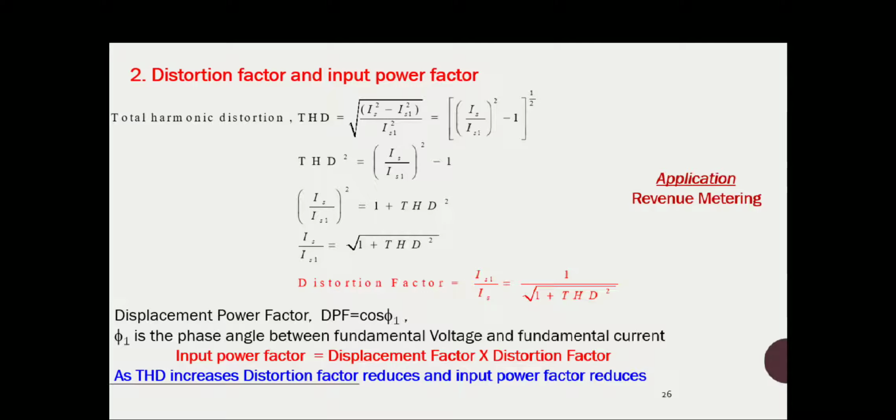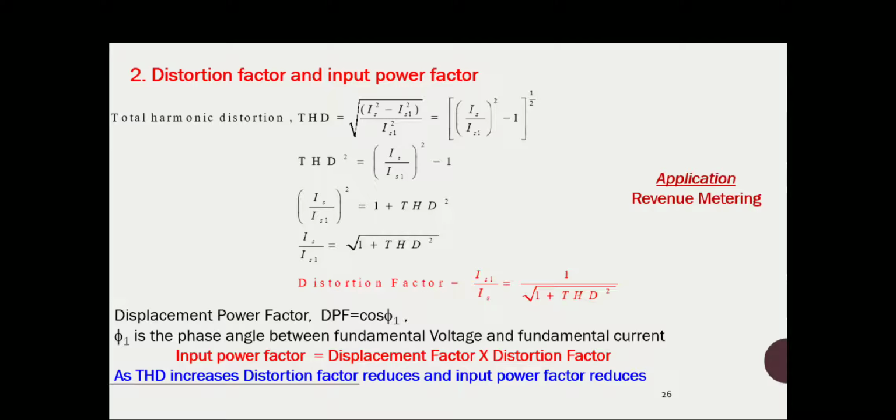So you know that total harmonic distortion is given as square root of Is square minus Is1 square divided by Is1 square, as in the earlier equation, which can be rewritten as Is by Is1 whole square minus 1, all raised to half. Or we can rewrite it as THD square is equal to Is by Is1 whole square minus 1. From that, Is by Is1 whole square is equal to 1 plus THD square. From that, Is by Is1 is equal to square root of 1 plus THD square.